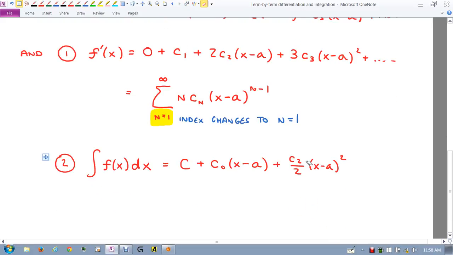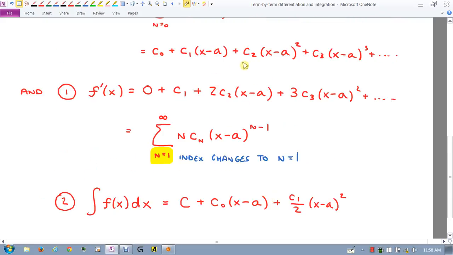And then we're going to start to pick up a pattern here. What's the next one going to be? C2 over 3 x minus a cubed. Plus, dot, dot, dot. The next one would be C3 over 4, x minus a to the 4th, and so on and so forth.